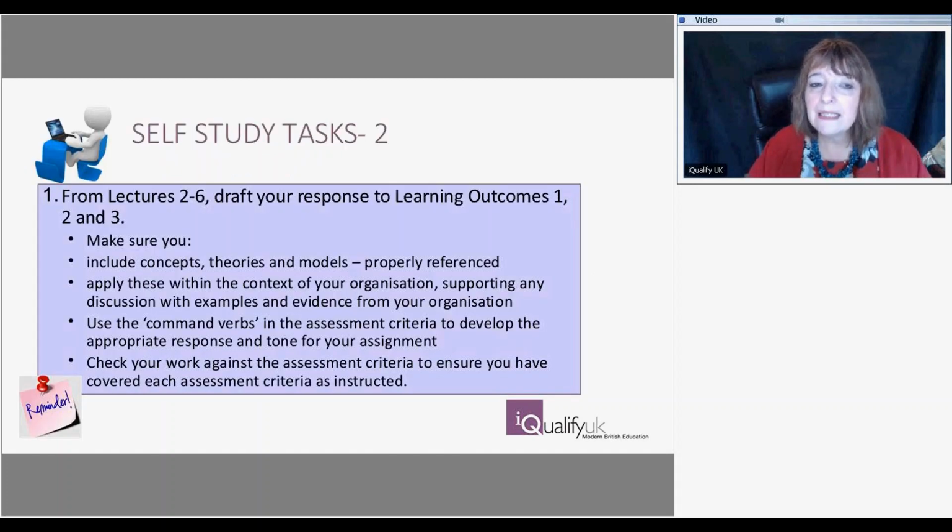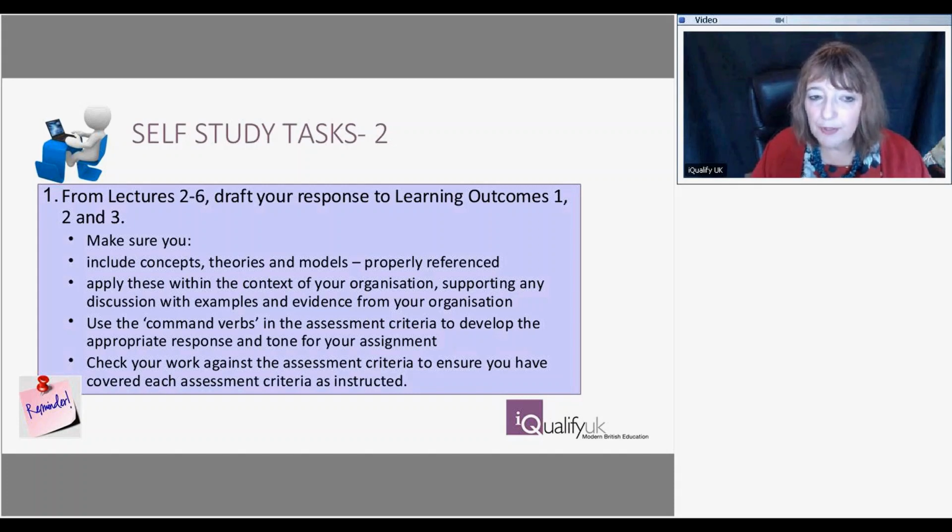Okay, so in self-study tasks 2, just a reminder, we asked you to look at your lectures 2 to 6 and draft your response to learning outcomes 1, 2 and 3. And you were asked to make sure that you included concepts, theories and models, all properly referenced, applied these in the context of your organisation, supporting any discussion with examples of evidence from your organisation.